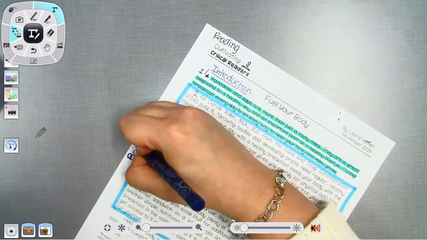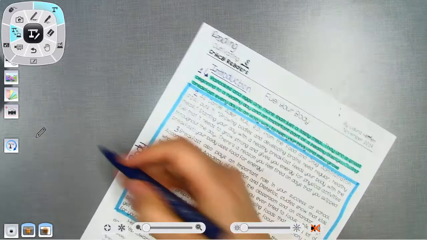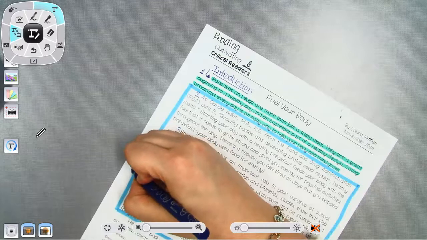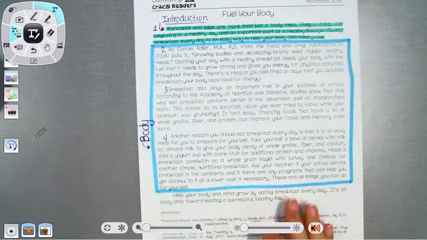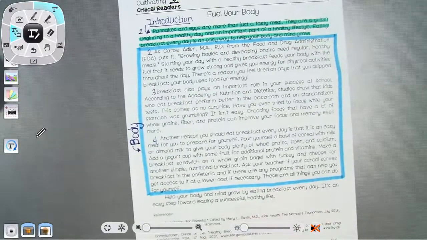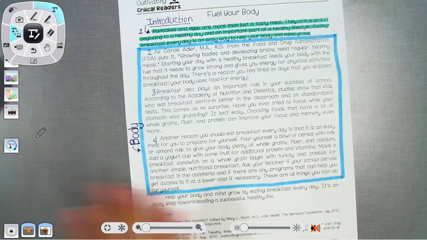So this right here is the body of our argumentative text. So let's read it. Now remember, the body is going to give us facts and evidence, quotes from experts, and examples.